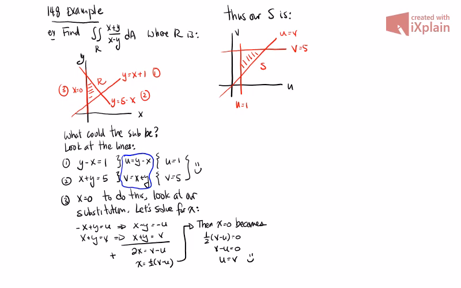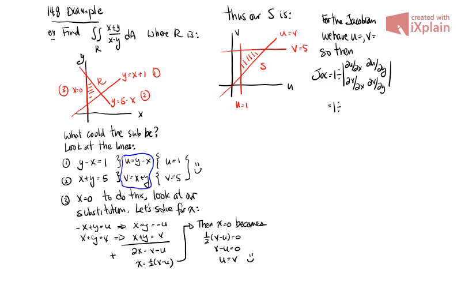So for the Jacobian, again, we have u equals and v equals. We'll use that version. The Jacobian is 1 divided by the determinant of partial u partial x, partial u partial y, partial v partial x, partial v partial y.